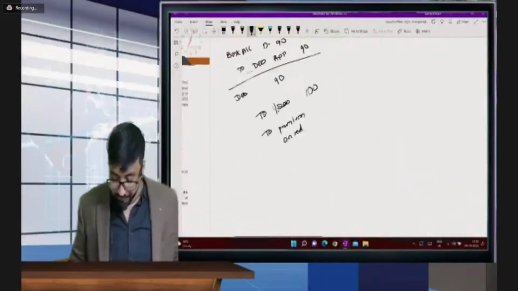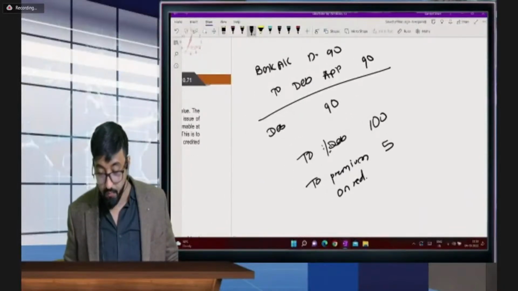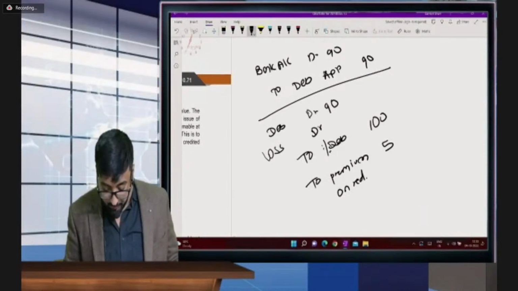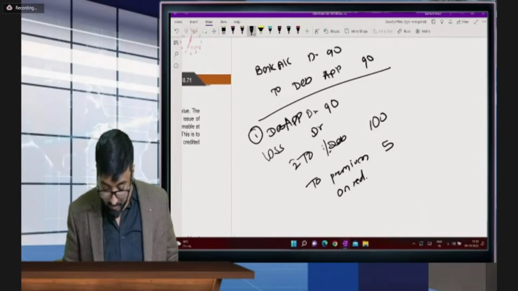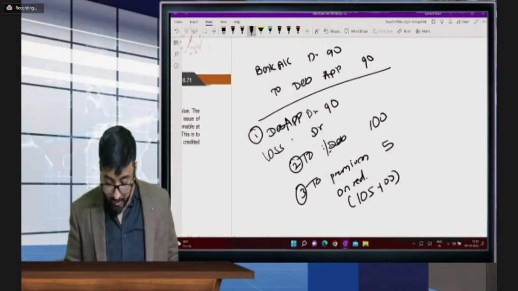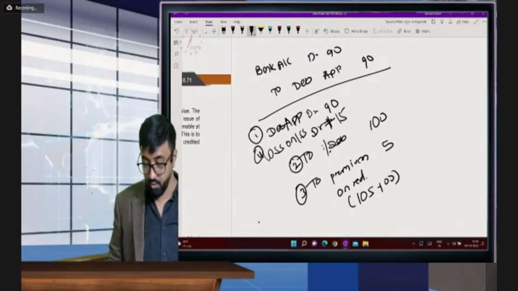You are paying apart from face value 5 rupees extra, and loss is your balancing figure. So see beta, first debentures application debit 90, then debentures always at face value. Number 3 pay 105 minus 100, and loss on issue balancing figure number 4, it's 15 rupees. You got this?